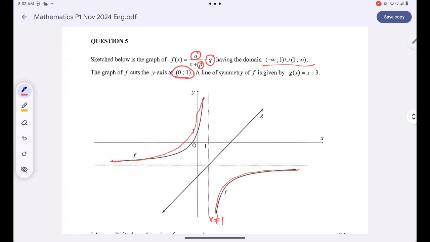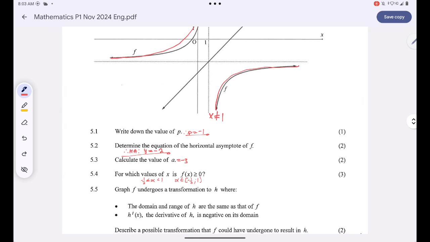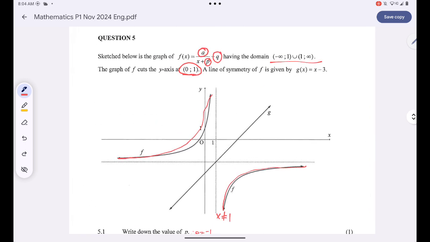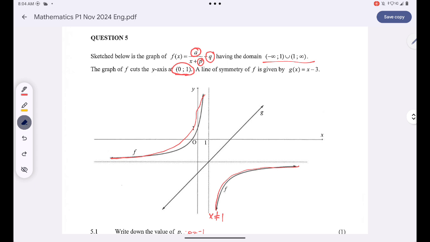So basically, for them to obtain the graph of h of x, they've changed the sign of a, number 1. After changing the sign of a, guys, there's only one way in which you can change the sign of a.